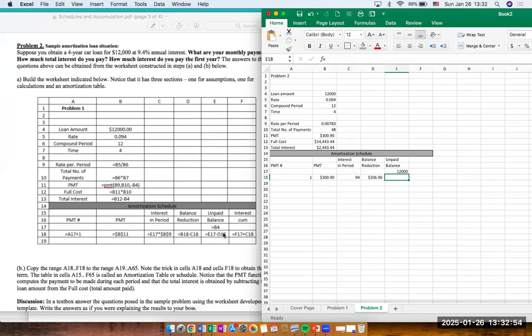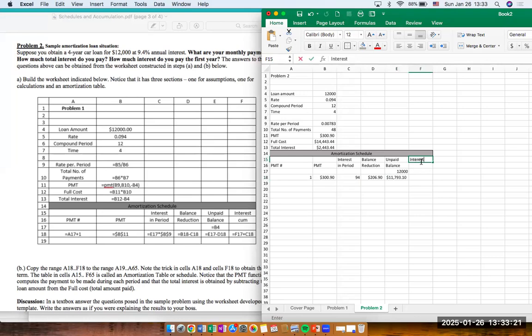Now, when it comes to your unpaid balance, we're going to take E17. We're going to take your unpaid balance and then subtract out the amount that you have then paid into it. So we should see D18. So you still have a lot of money to go that is still left to be paid.